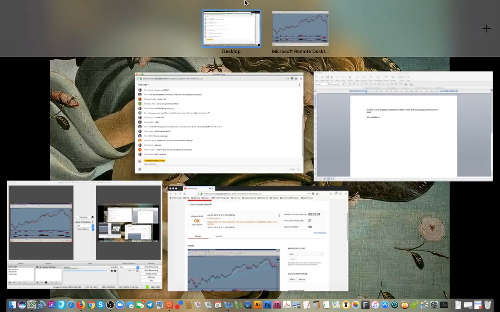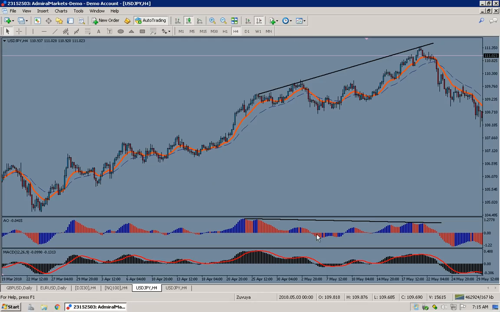Okay, so let's talk a bit about this divergence, because that's a very big feature that all these oscillators, these momentum indicators, are used for. Often people think there is divergence when divergence is actually not confirmed yet.